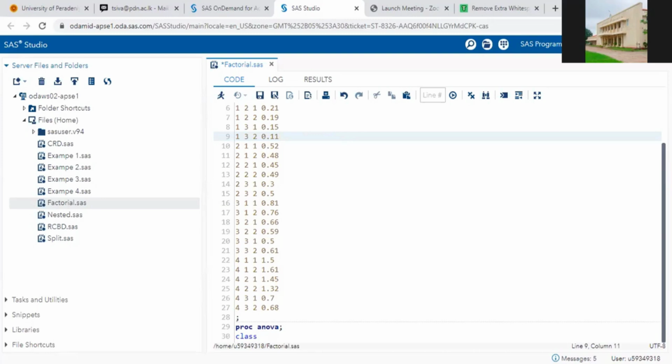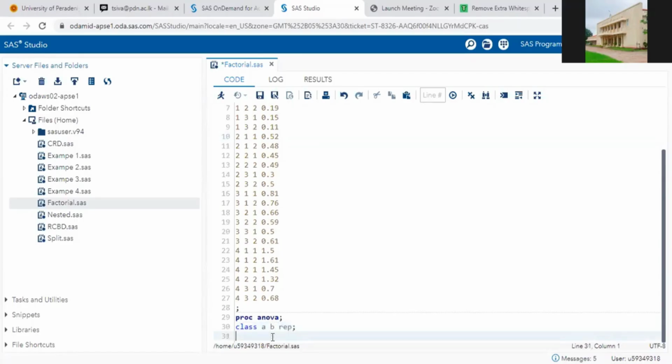They have some fixed value. 1, 2, 3, 4, something like that. Right? These are categorical variable, classified variable. Anyone? Replicate, sir. Yes, replicate. Yes, good. Factor A, factor B, and the replicate.